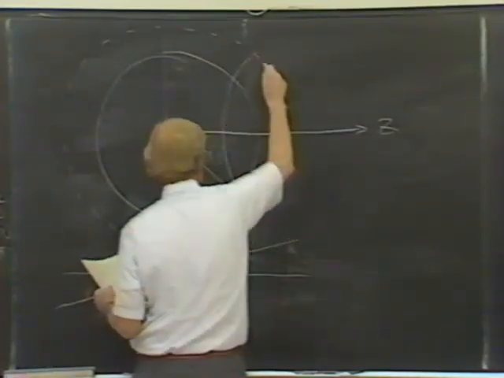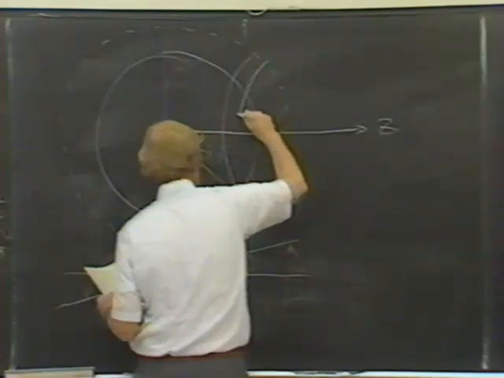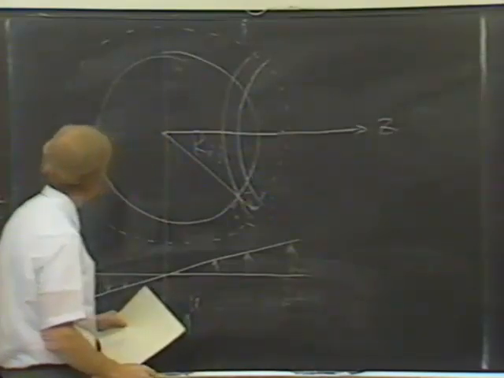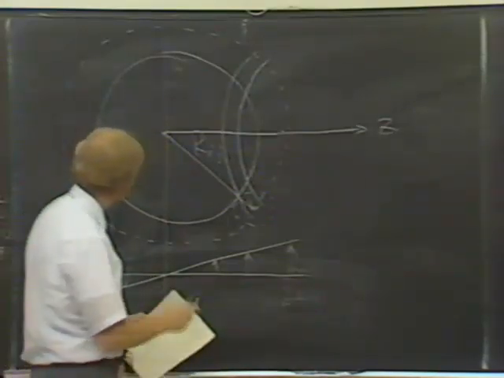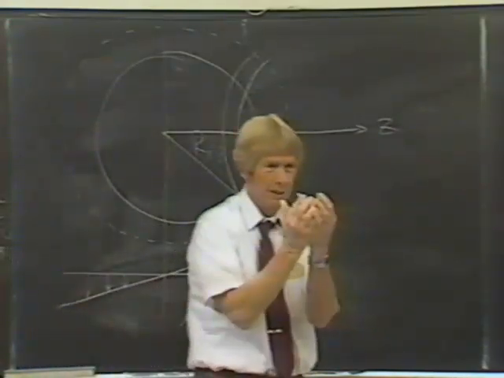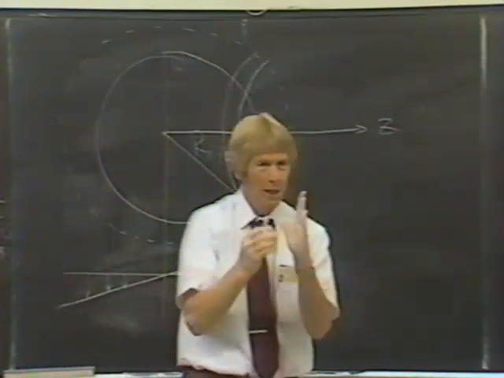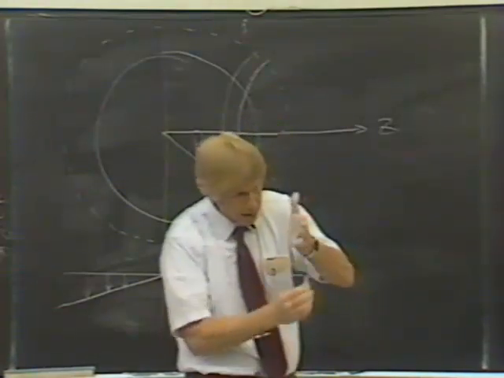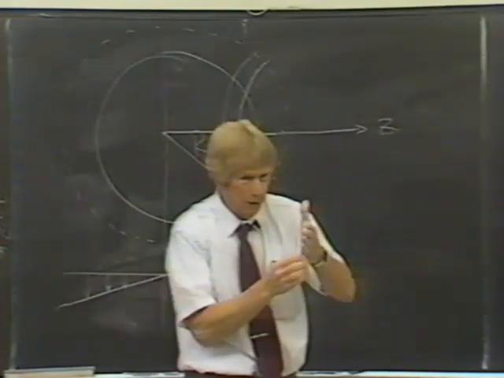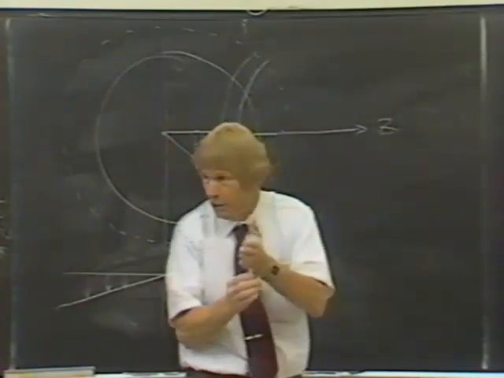It's hard to make a three-dimensional picture on a two-dimensional board, but what I'm trying to show you is a sphere like this and a slice through it, and the edge of that slice is where the collision is going to occur, and we want to calculate the collisions on the edge of that slice and then sum up all the slices, okay, so to get the total collisions on the particles.